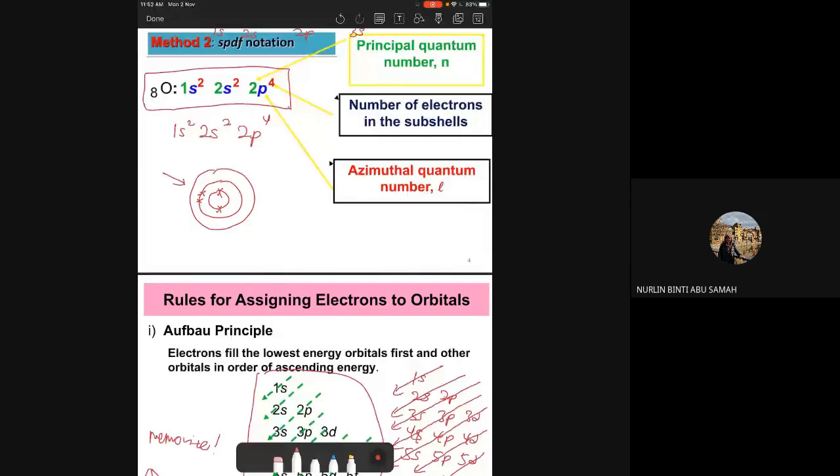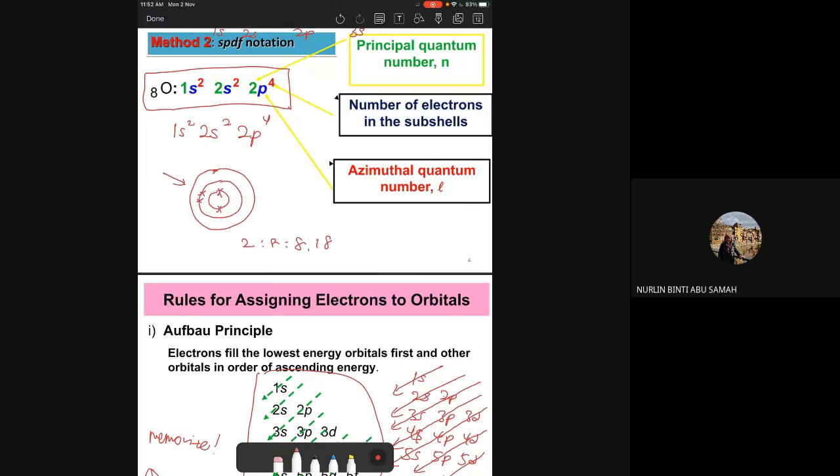Okay, saya nak beritahu, benda yang kamu belajar sebelum ni, yang 18 kan? Betul tak, Nabila? Betul. Okay. Benda ni dia tak menerangkan berkenaan dengan energy level. Faham tak?